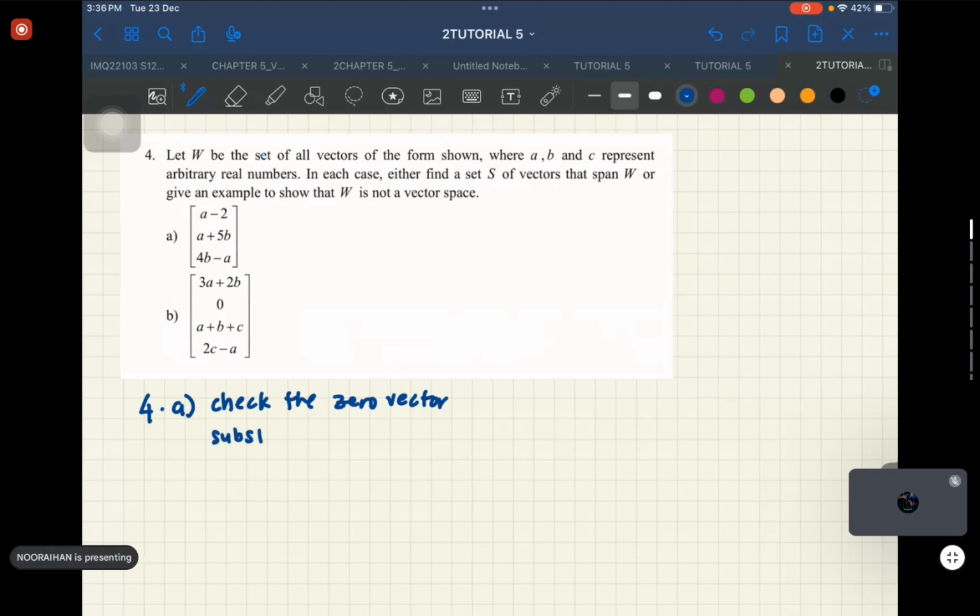Substitute A equal to B equal to 0. So what will you get? Do you get 0?